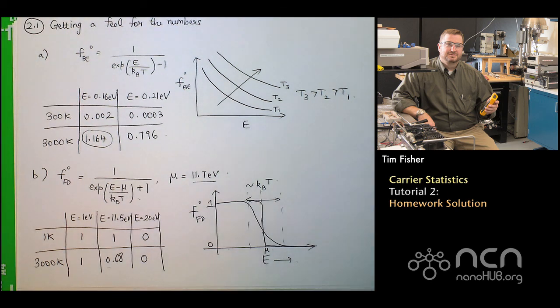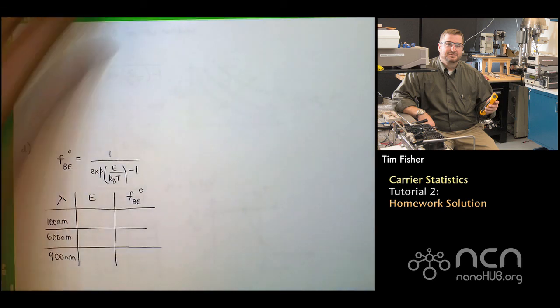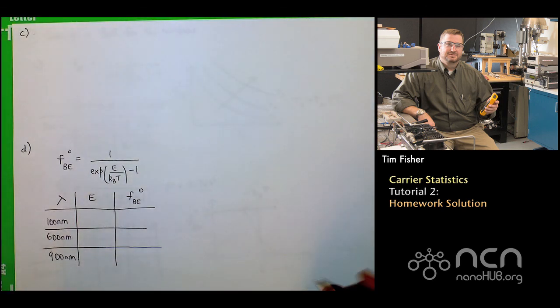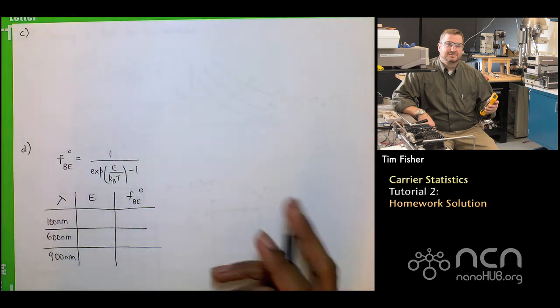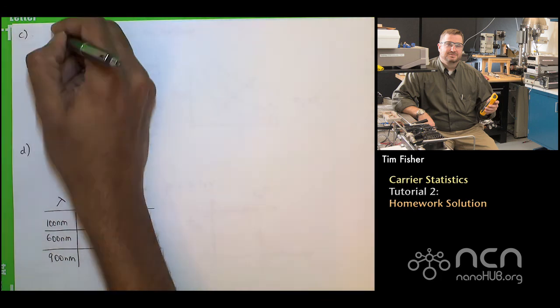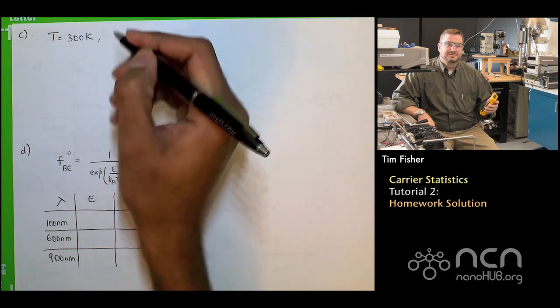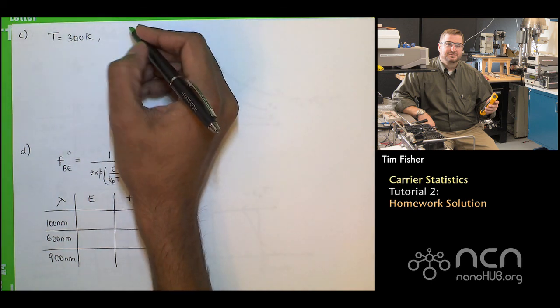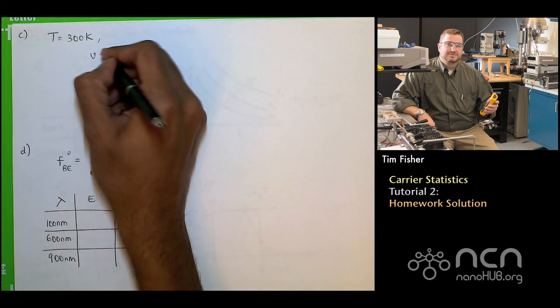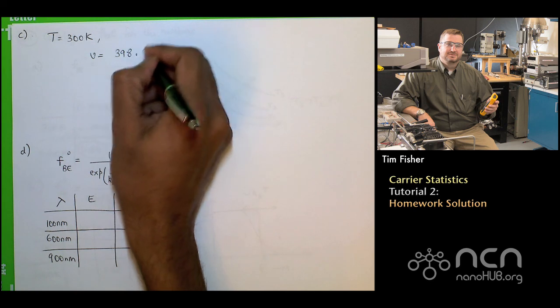Now moving on to part C of this problem. In this part, we are required to calculate the average kinetic energy of argon molecules, and also calculate their distribution, the occupation number, using the classical Maxwell-Boltzmann distribution. So firstly, for a temperature of 300 Kelvin, the average thermal speed of argon molecules comes out to be 398.8 meters per second.